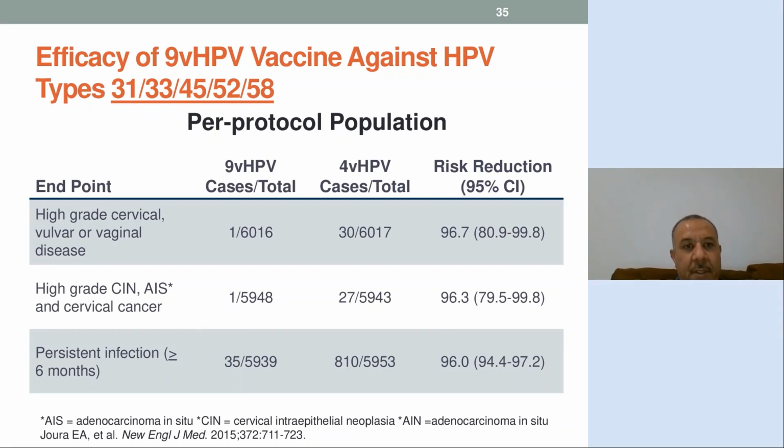And once these were introduced, they studied how much reduction in the cancer related to them. They found that high-grade cervical, vulval, or vaginal disease was reduced by 96%. This was the same for cervical intraepithelial neoplasia and adenocarcinoma. And they found that persistent infection also decreased by the same 96%.